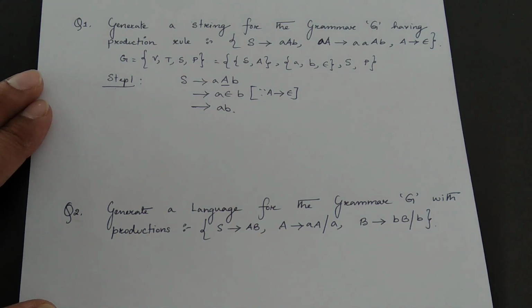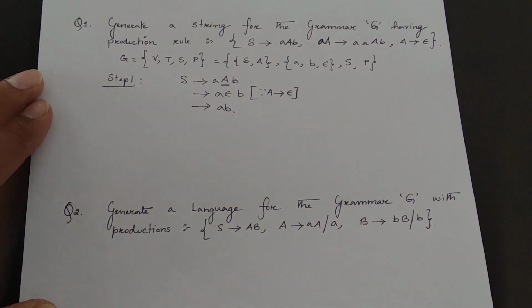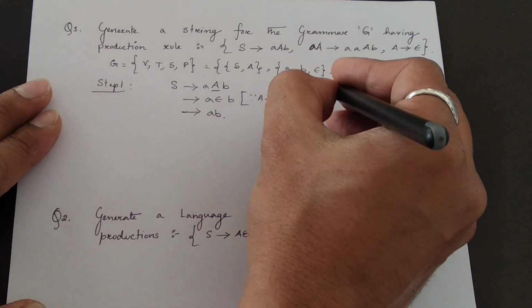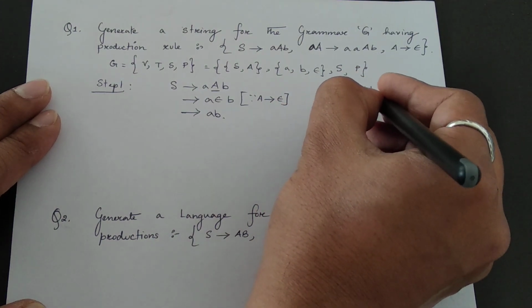From a grammar, based on the productions, there can be a single string or there can be n number of strings. Now I will try to find one more possible case. I take the same start production again, S tends to AAB.